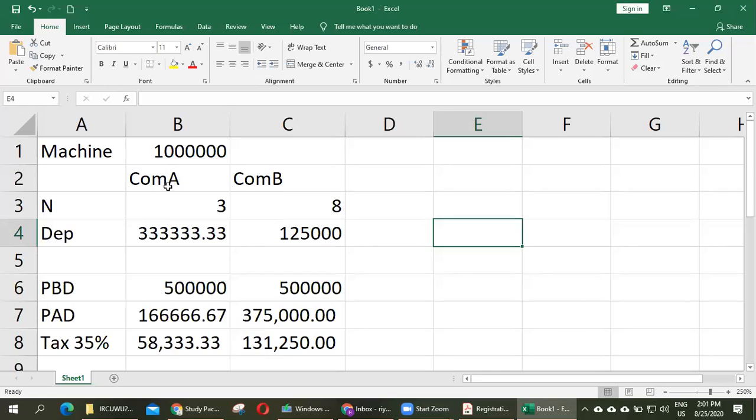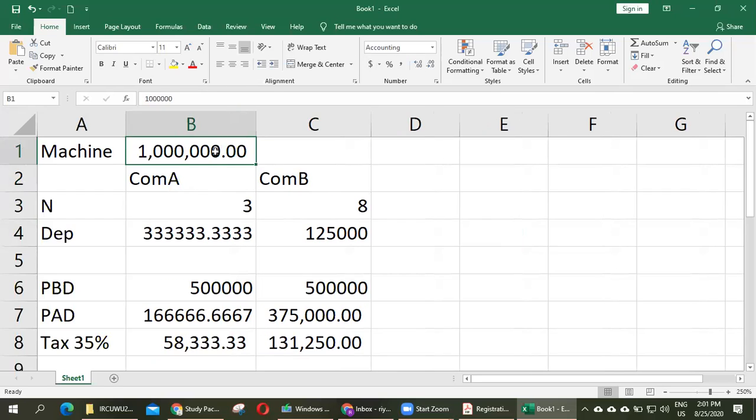There are two companies, company A and company B. Both have the same machine. The value of the machine is 1 million. Company A decides its number of useful years as 3. Company B decides the useful life is 8 years. Now, what is the depreciation?